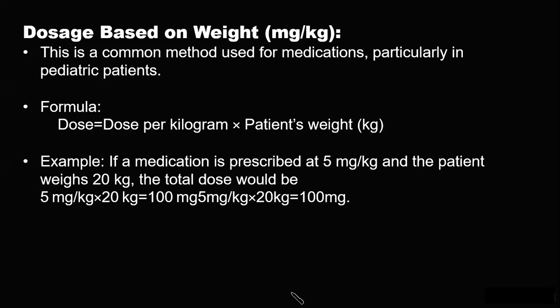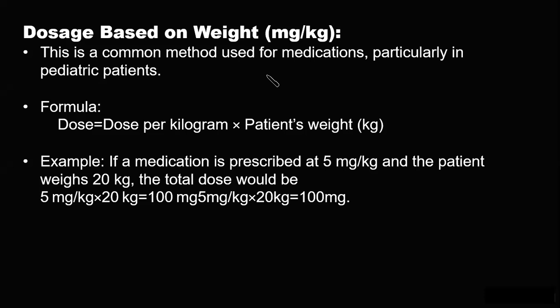At the end of the day, you get 100, just as we have here, 5 milligrams per kg times 20 kg. So if the person is having 20 kg, it's just for you to times it. And when you do the multiplication, you have 100 milligrams totally. All right. So that is it for the multiplication concerning the weight.